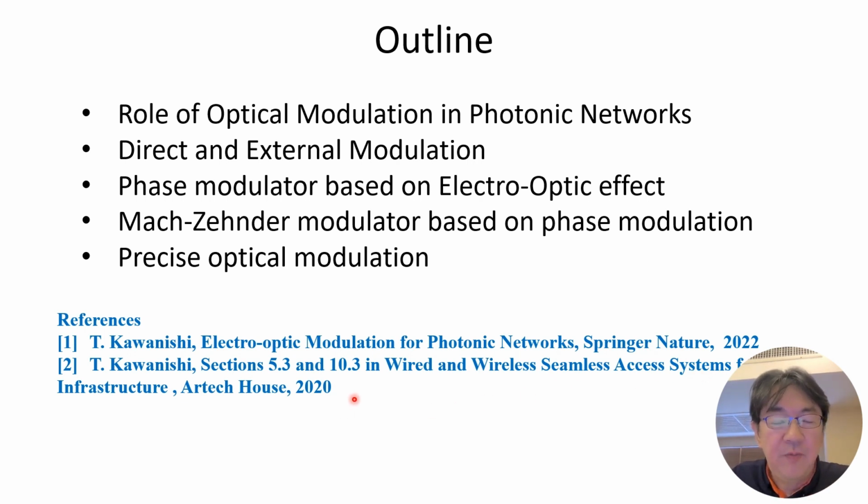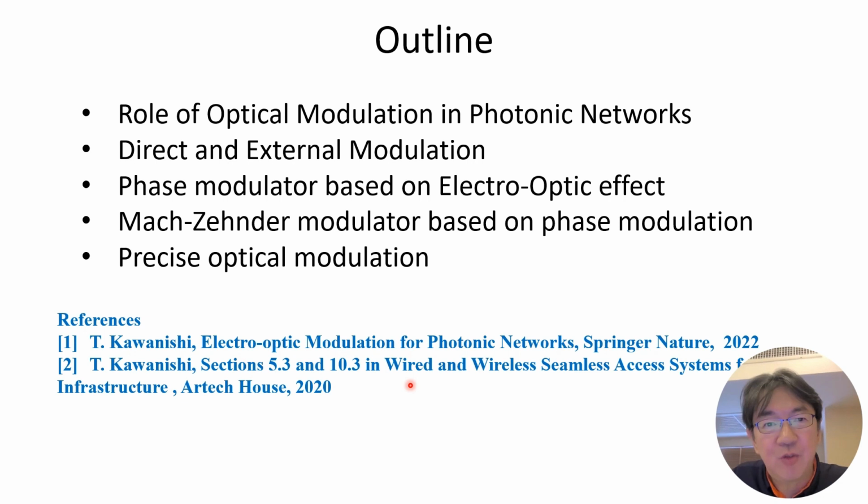This book is on various optical systems which can be used in public infrastructure, such as railway system, airport, and power grid, and so on. In this book, I wrote two sections related to optical modulation. Section 5.3 is on the basic concept of optical transmission system.